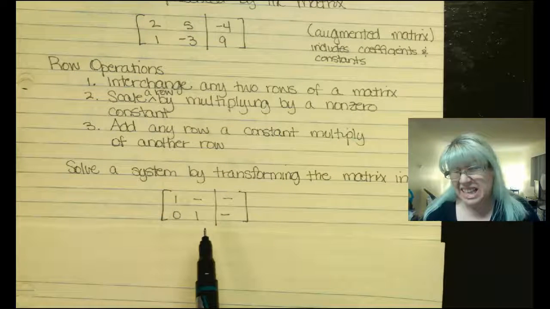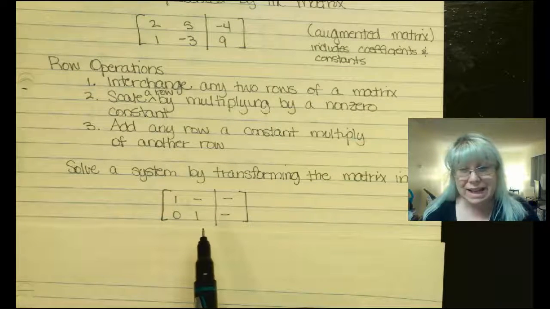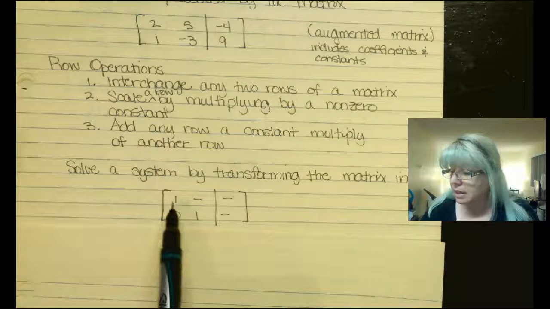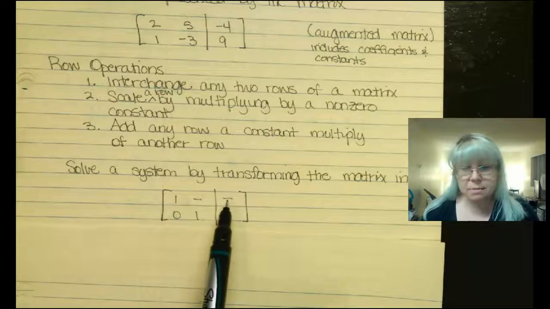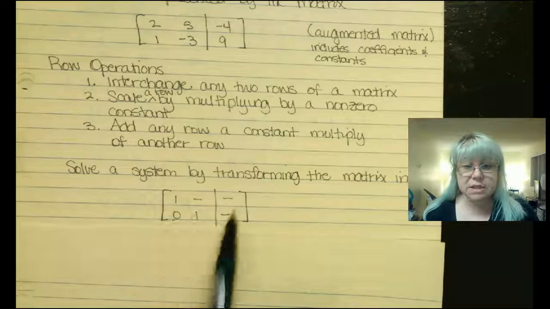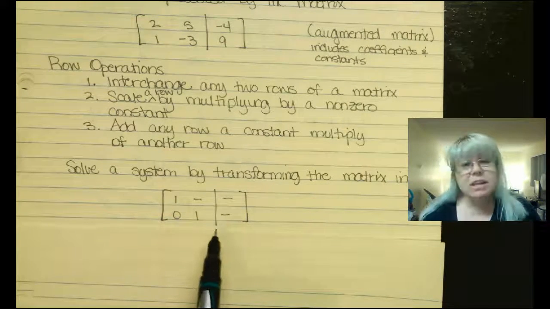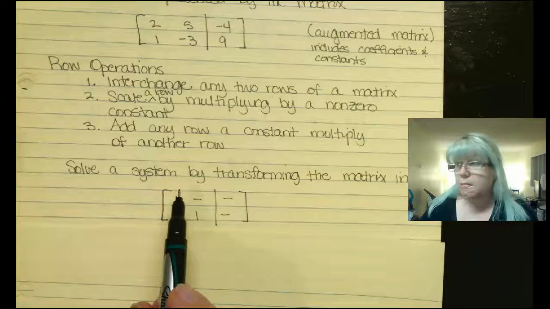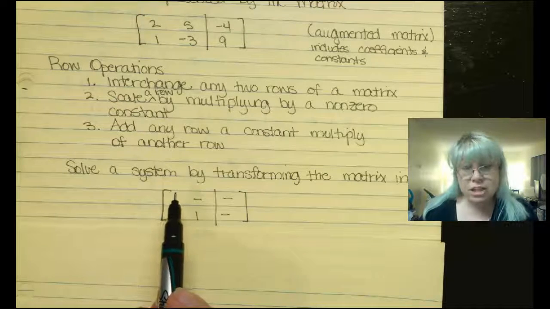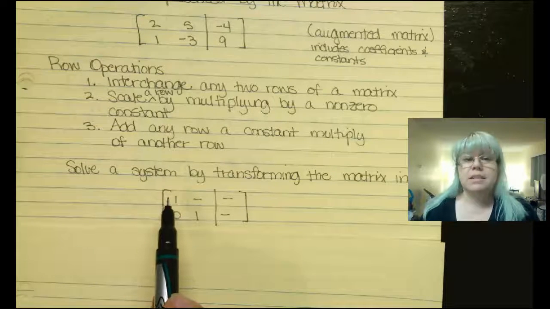And I say that lightly because sometimes the numbers aren't quite nice, but if I can get it to equal 1, 0, something, 1, something, something, I don't care what these somethings are, then I can back substitute into the equations and solve the system.